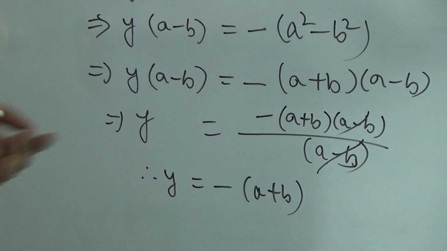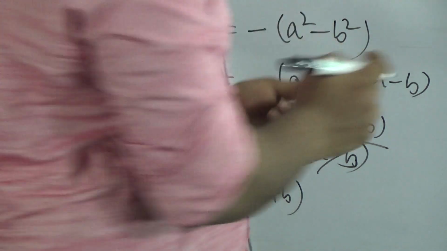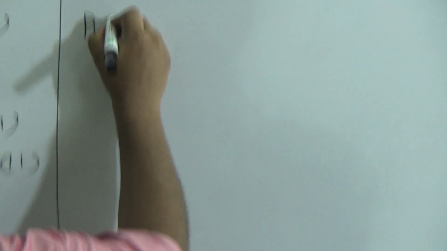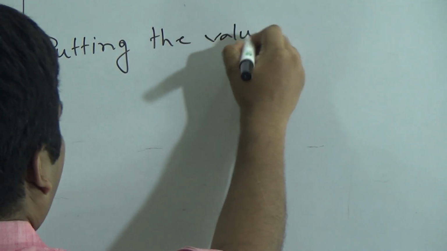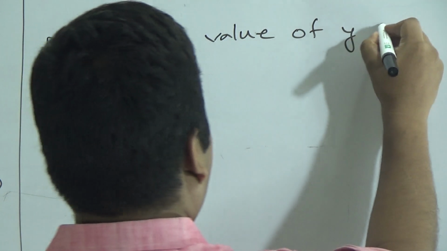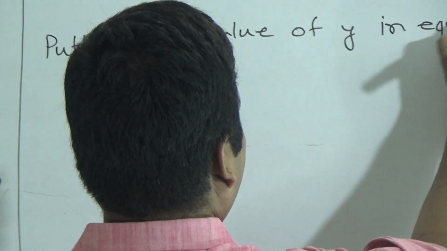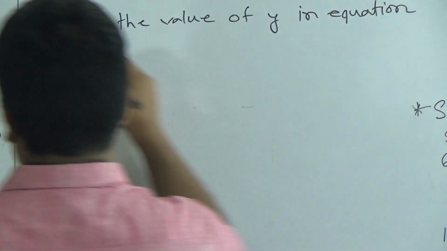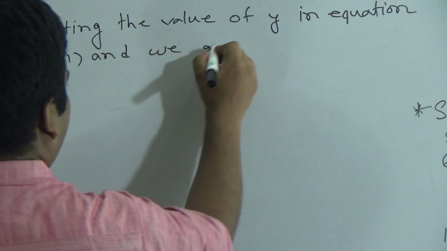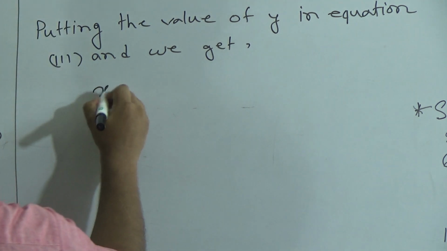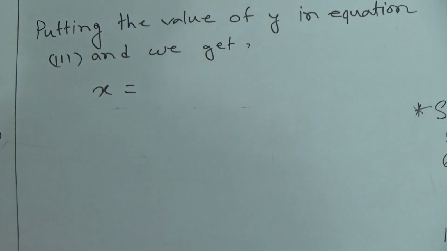Now putting this value of y in equation number 3, we get x equals twice a, and what is the value of y? The value of y is minus a plus b.